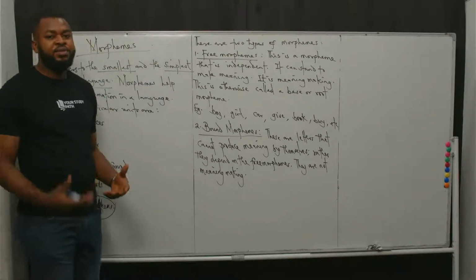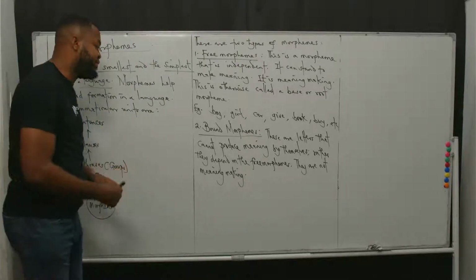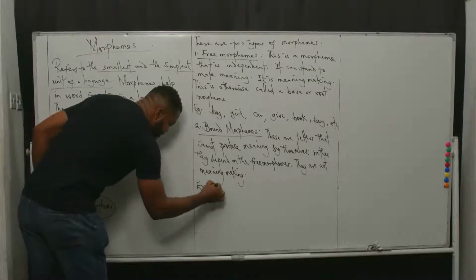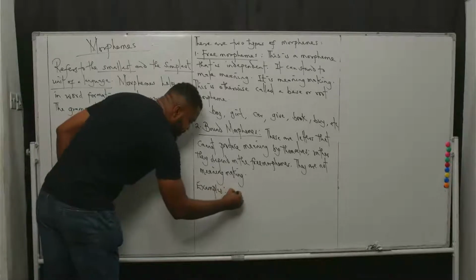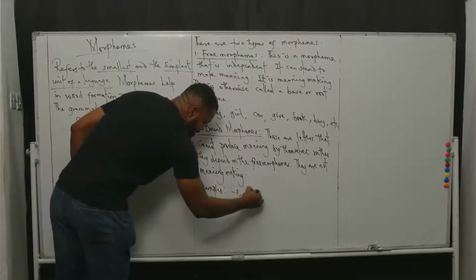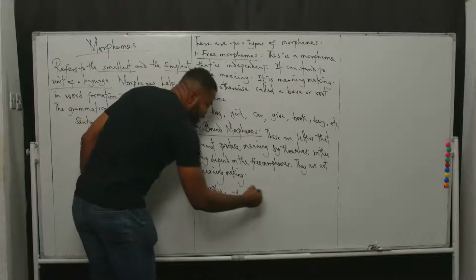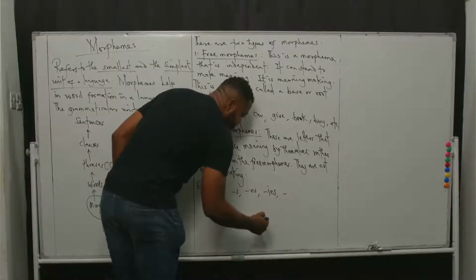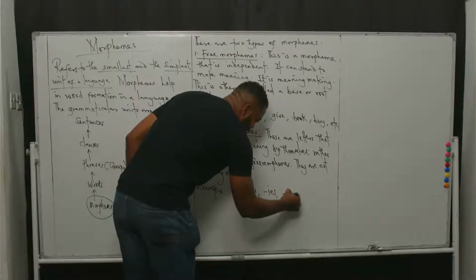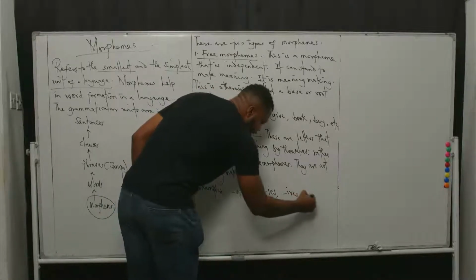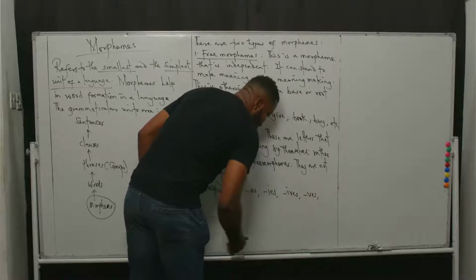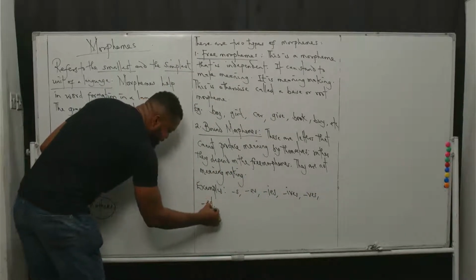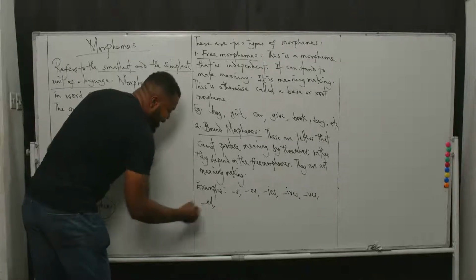And let's look at examples of these bound morphemes. So in this case, we can have letter S, you can have letter ES. Do you understand? You can have letter IES, you can have letter IVES, you can even have letter VES. You can have letter ED and so on.